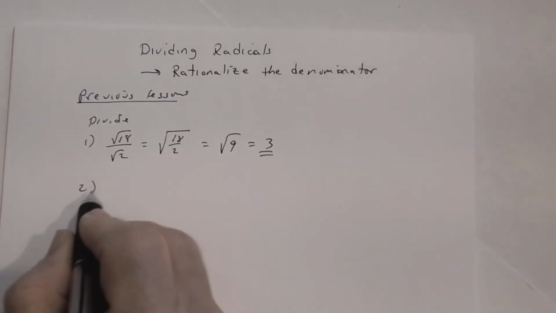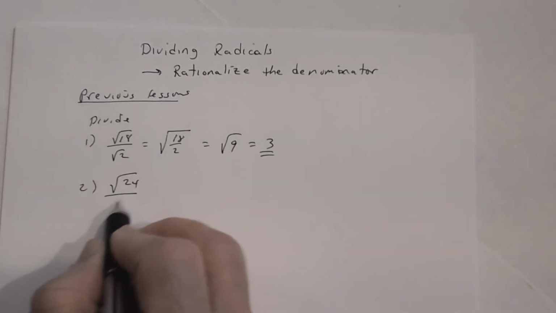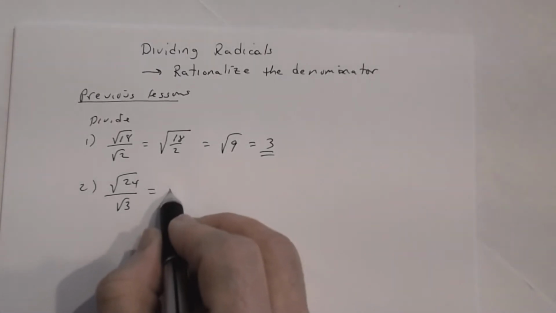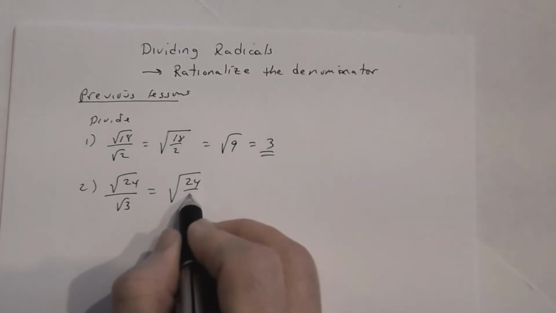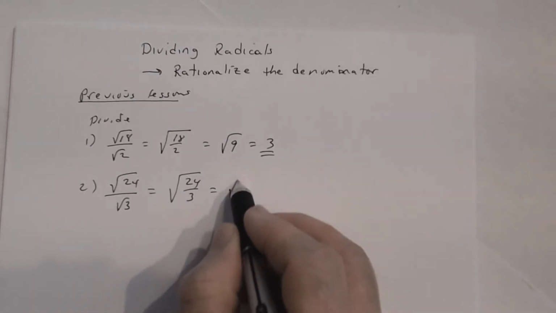And number two, the square root of 24 divided by the square root of 3. According to the quotient rule, I can write this as one square root, and that helps as well because 24 is divisible by 3, so I get the square root of 8.